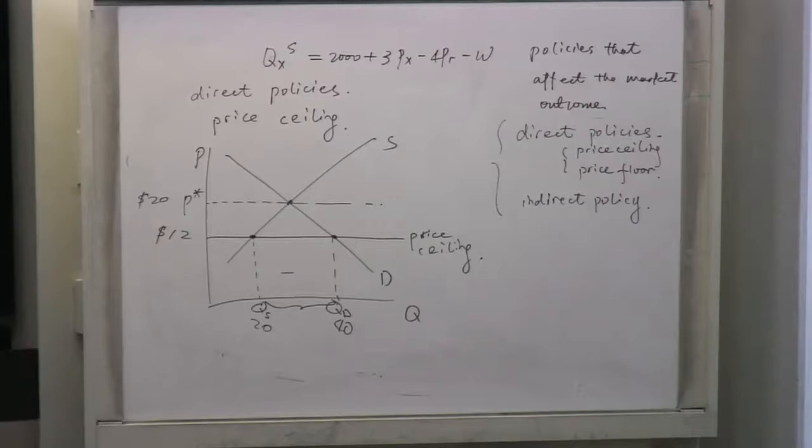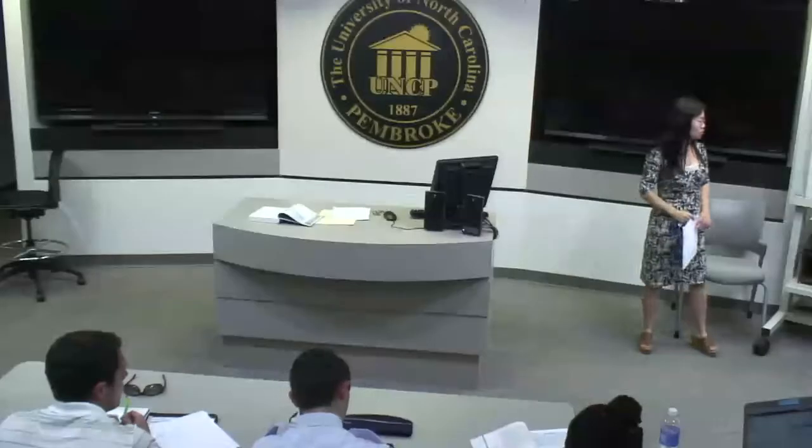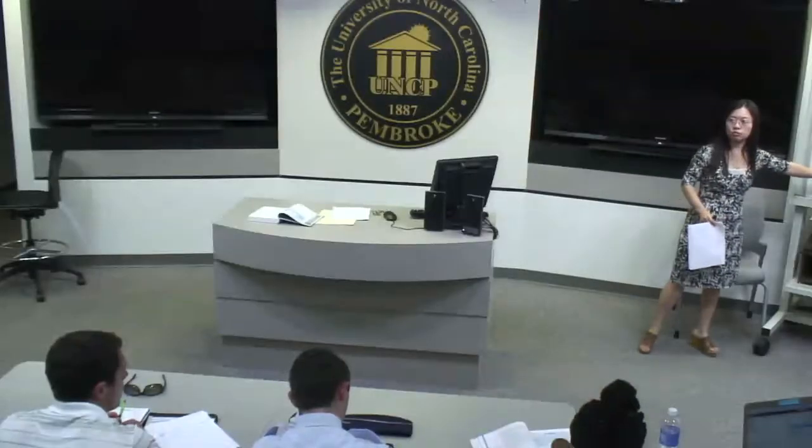Shortage. When we have a shortage, what do we usually see in the market? Black market. People sell the good in the black market, right? And they sell it at a higher price. So that's one of the consequences. You will have a black market whenever there's a shortage.